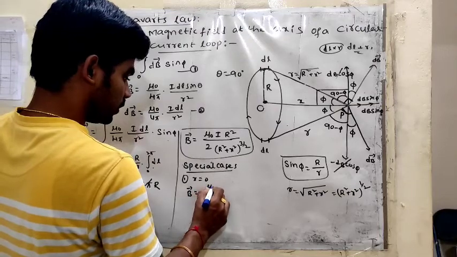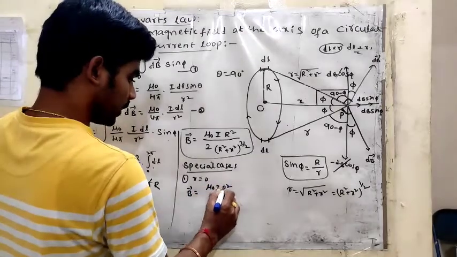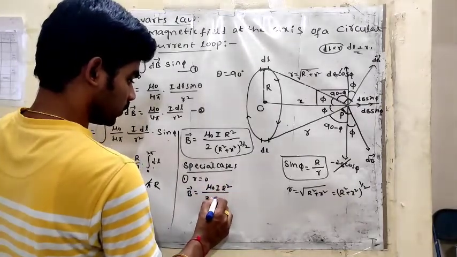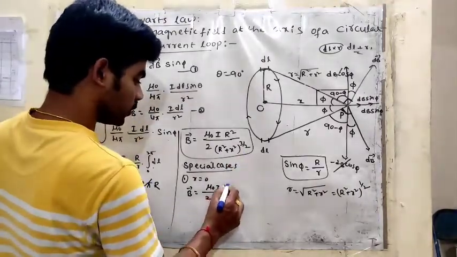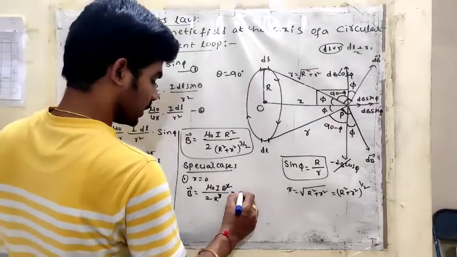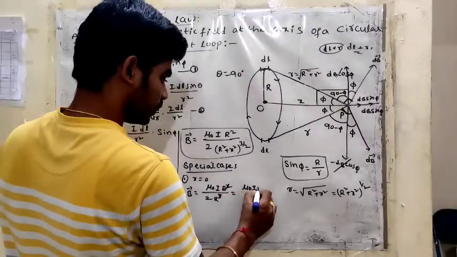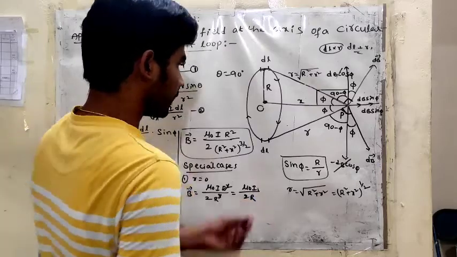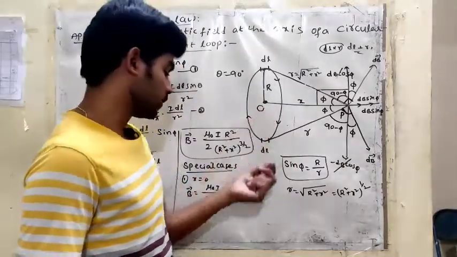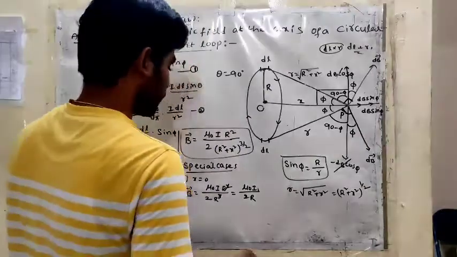B bar is equal to mu naught I r square by 2 into r square whole power 3 by 2, r power 6 by 2 means r cube, r square and r cube cancel, remaining mu naught I by 2 r. Exactly at the center, as before, we also get 2r only, this one only.